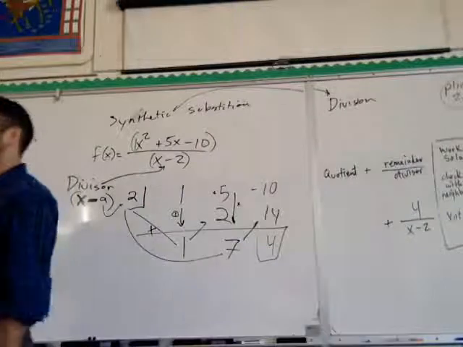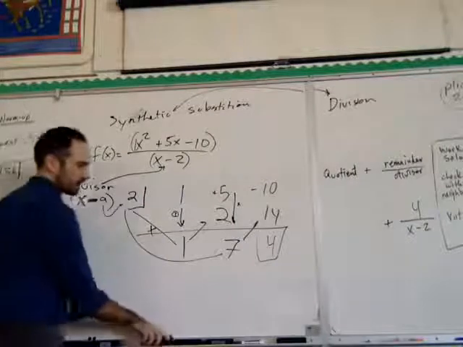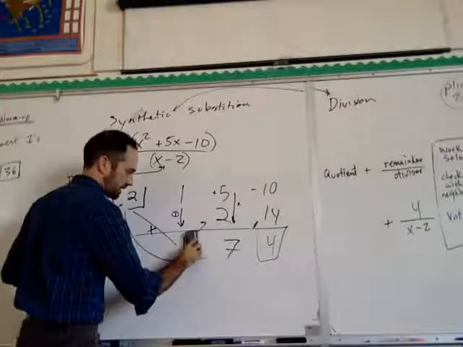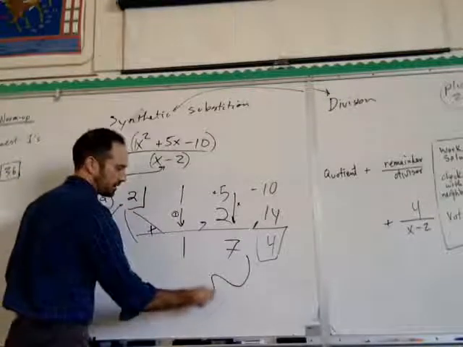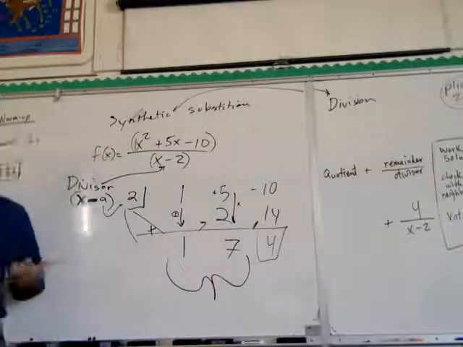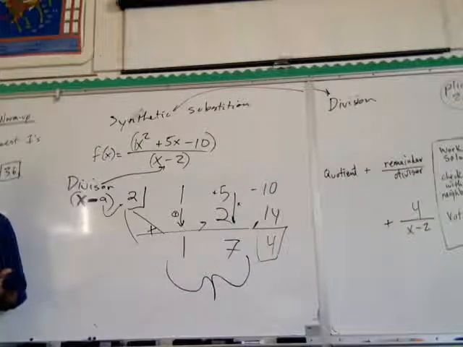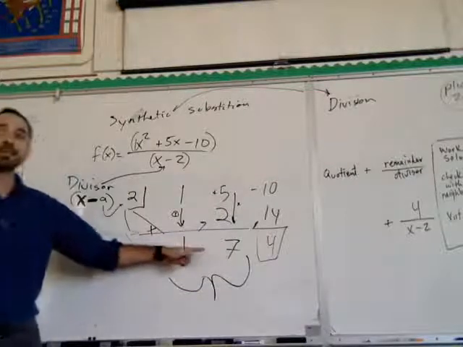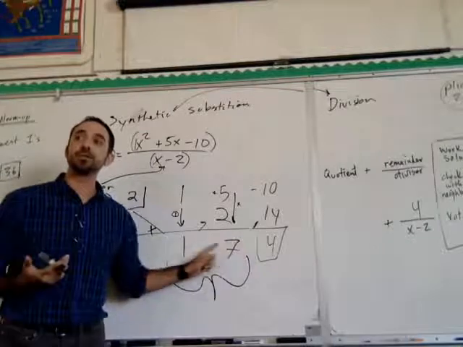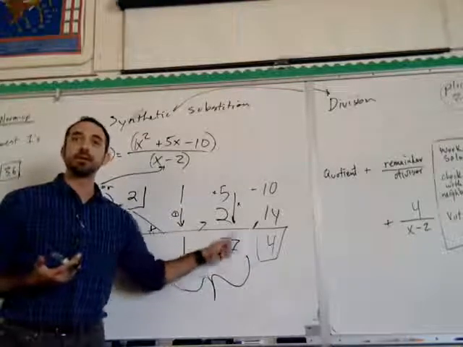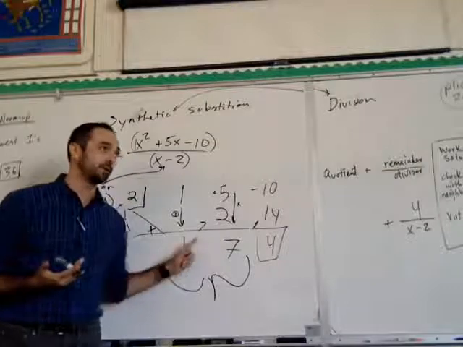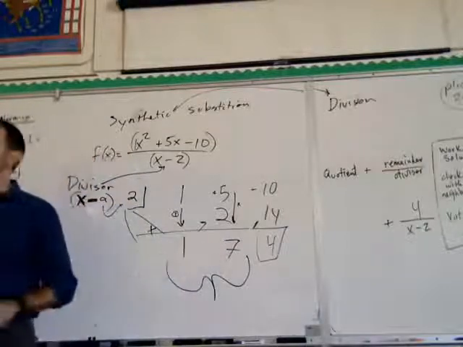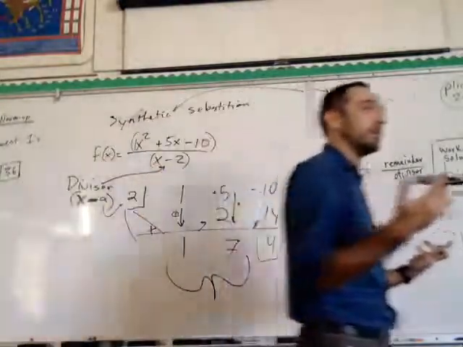Now we want to go after the quotient. So the quotient, I'm just going to give her some of these lines here, because the quotient is always on the bottom here. This part, that part's the quotient. Okay. So if no terms were missing, right, there's 2 terms here. If no terms are missing and there's 2 terms, 2 coefficients at least, what is going to be our highest power?